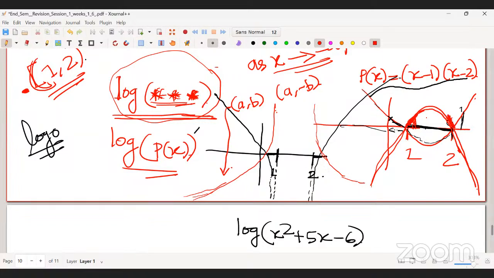But that is a compact domain, whereas here you have an unbounded domain. So again, this graph certainly depends on the base of this log function. Okay, sir. So now I know what mistake I made over there. Got it, sir.